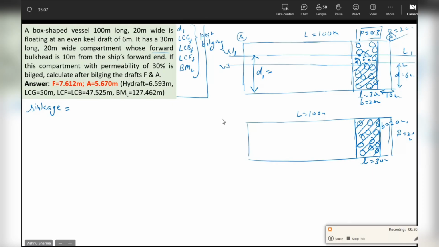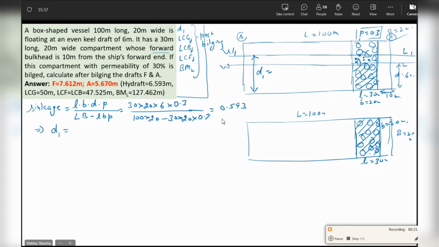Lost buoyancy from the upper diagram is L B d into P. Intact water plane area from the lower diagram, LB minus LBP. 30 into 20 into 6 into 0.3 upon 100 into 20 minus 30 into 20 into 0.3 is 0.593. This gives us D1 of 6 plus 0.593 equal to 6.593.